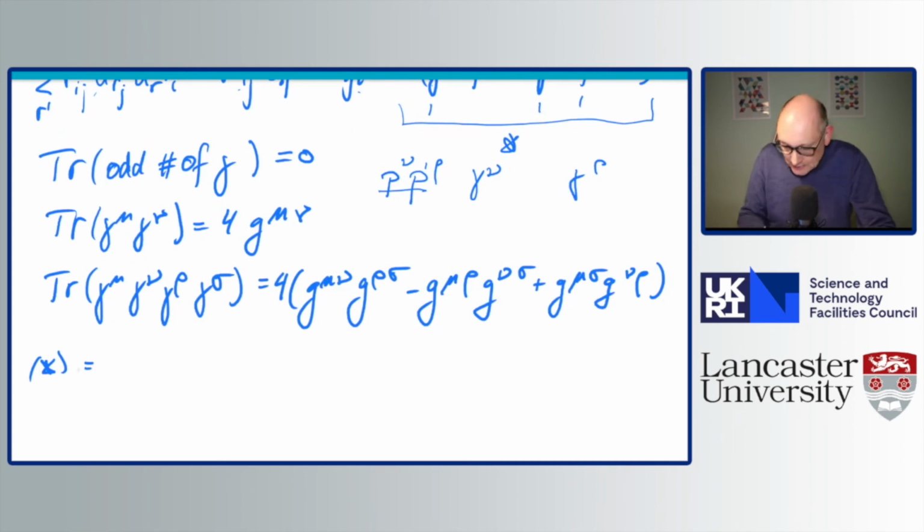Then one gets that the star is equal to 4 p nu p prime sigma. I see there was sigma, not rho, they're taken out.